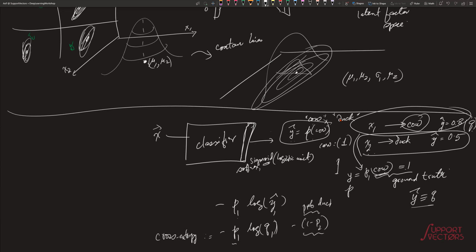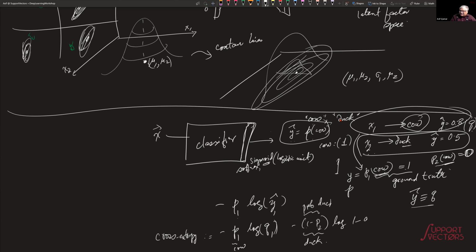Okay, this one is actually a cow. This one is actually a duck, isn't it? So P2 of cow is equal to 0. The ground truth is that it's a duck. So what is the ground truth probability that it's a cow? 0, right? So it is 1 minus P2 that is equal to 1, which is the probability of its being a duck, times the log, right?